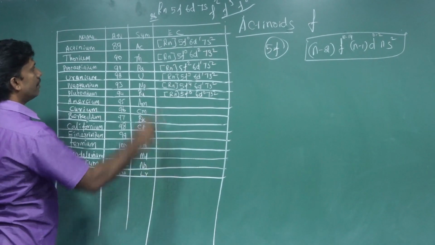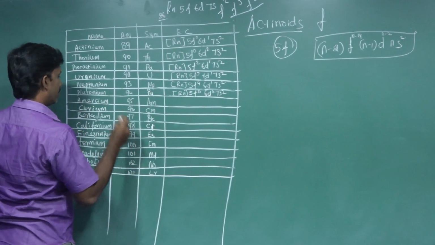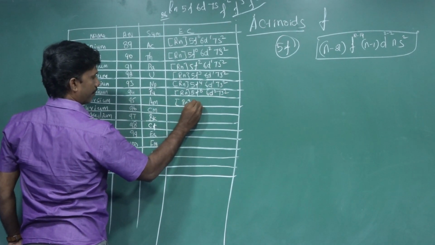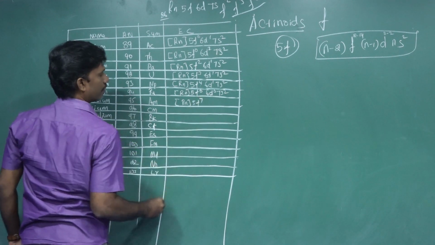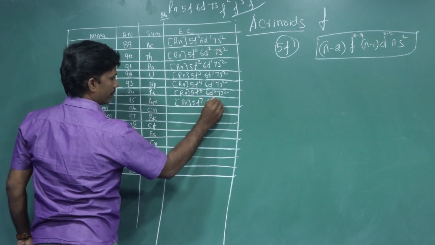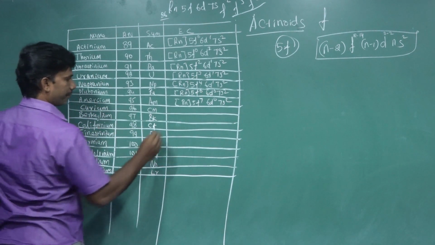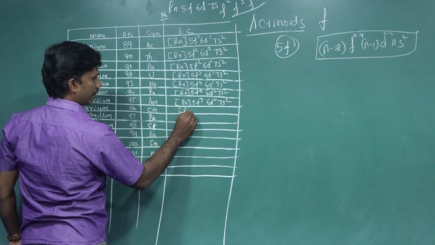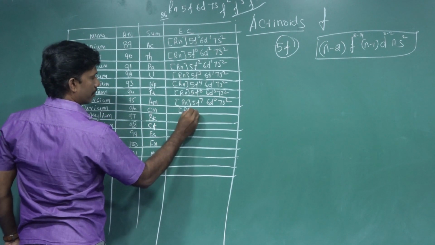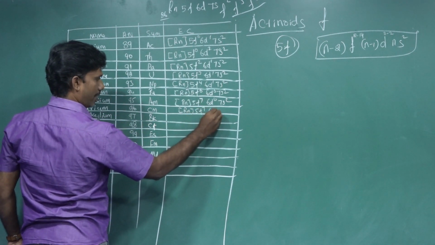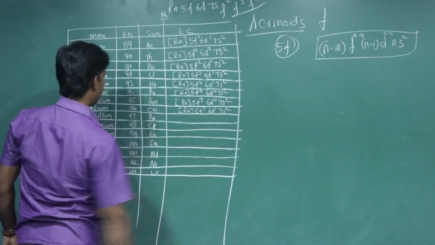Then americium, radon 5f7 6d0 7s2. In curium, radon, no f8 also, so here also 5f7 6d1 7s2.